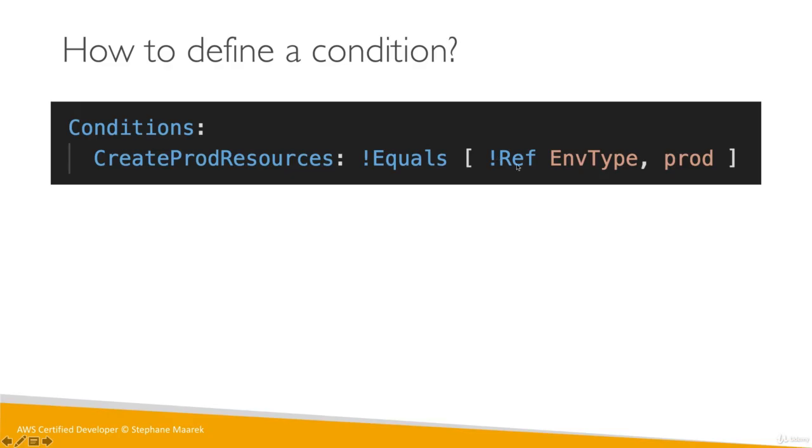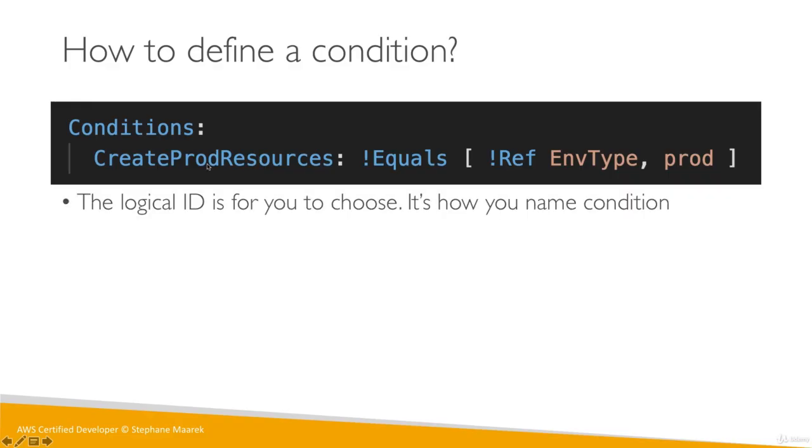We need the reference, the value of this parameter, to be equal to the string prod, P-R-O-D. So this whole thing is going to be true only if the environment is equal to prod. Using this prod resources condition, we're able to define and condition other resources.